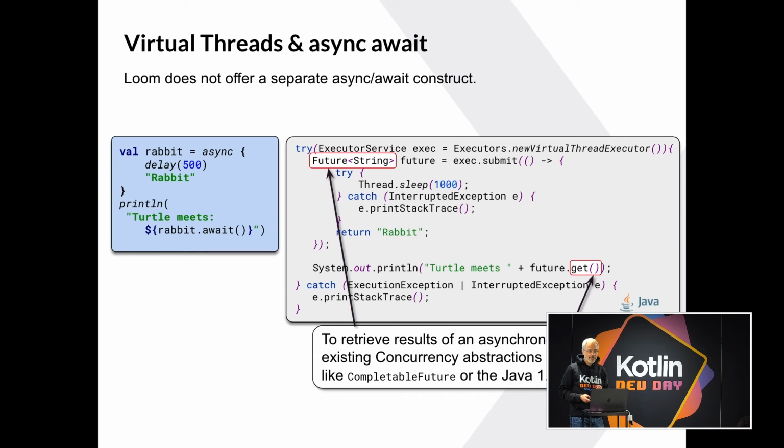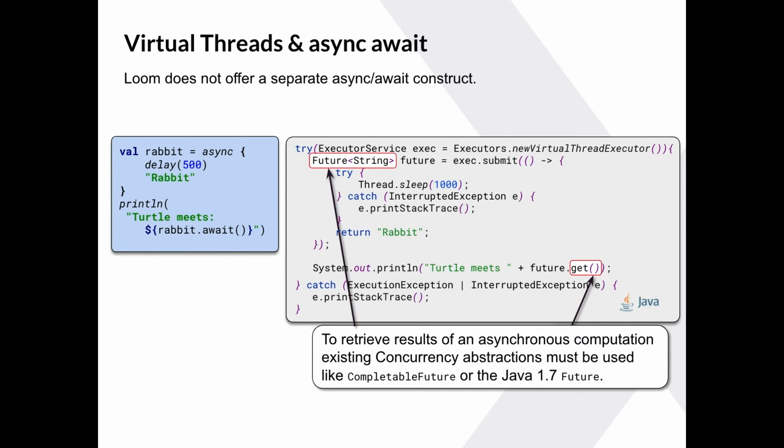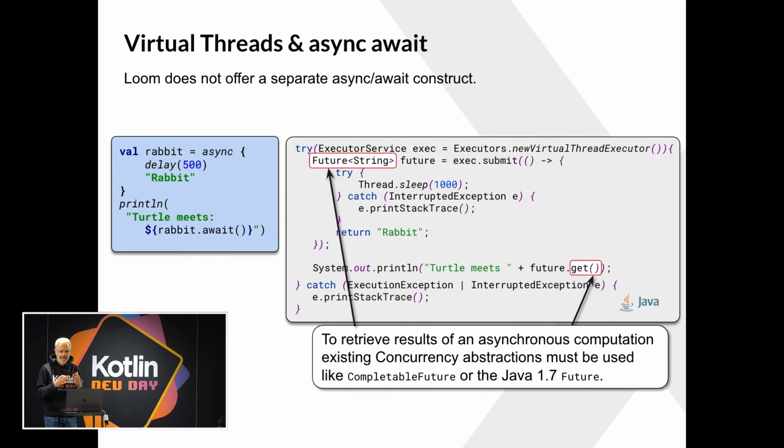When you have async await, as we've seen in Kotlin, you have this async, then you get back a Deferred as it's called, you can call await on it, but in Kotlin it doesn't block. In Java, they haven't introduced a new construct. So all of a sudden these nasty 1.5 futures, which had this blocking get method, are good again to call.